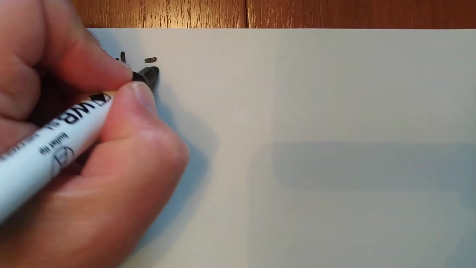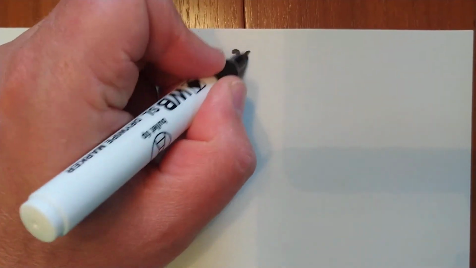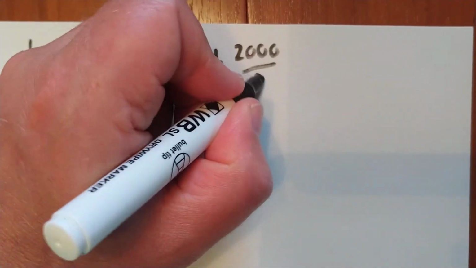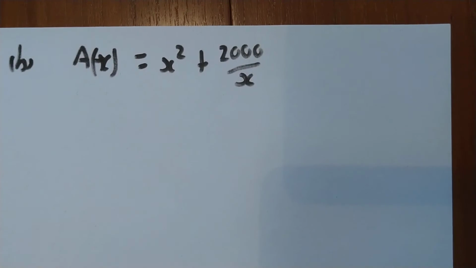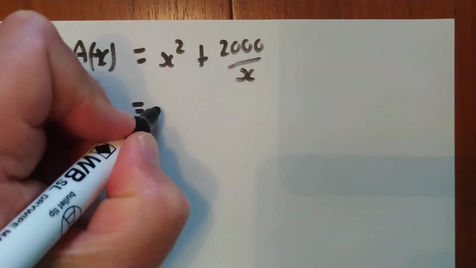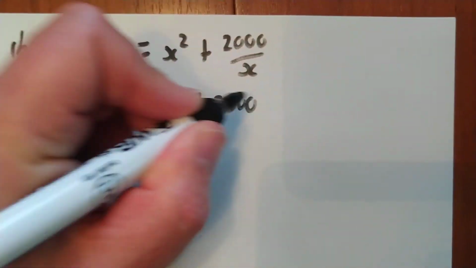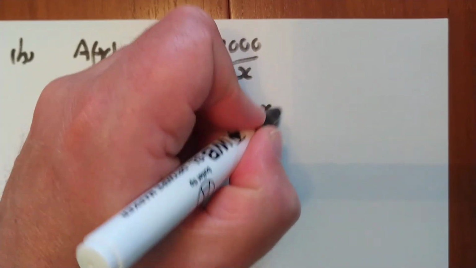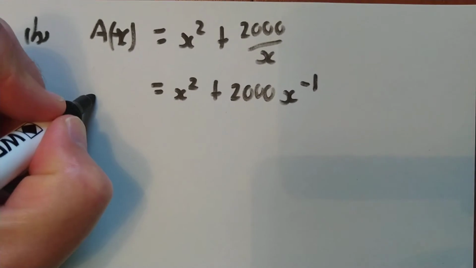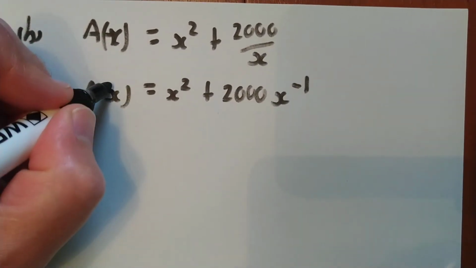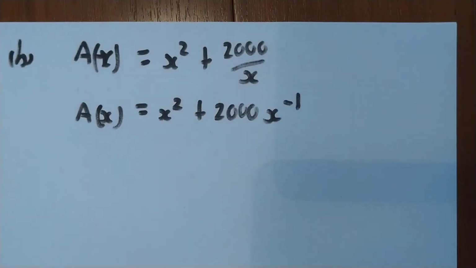A of x equals x squared plus 2000 over x. Of course, I can't differentiate that as it stands, so I'll rewrite it as x squared plus 2000, bring the x to the top, x to the power of -1. This is still A of x. I don't differentiate anything till I can differentiate it all.